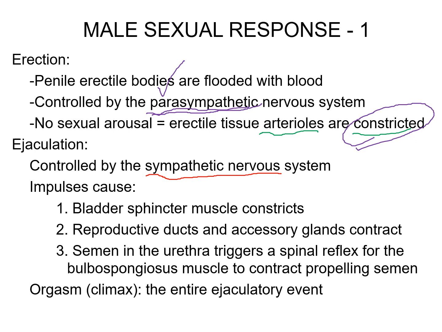And ejaculation, by definition, is basically the semen leaving the body. A lot of things happen, as you can see. Bladder sphincter muscles constrict, and what this does is it keeps the urine in the bladder from leaving the body. So semen is leaving and urine is locked in, can't go anywhere, which is good, right? We don't want that fluid mixing.